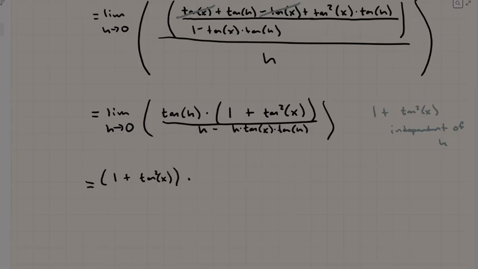So that would be 1 plus tangent squared of x in parentheses times the limit as h approaches 0 of tangent of h. Actually, let's leave that h factored out. So it'd be h times 1 minus tangent x times tangent h.